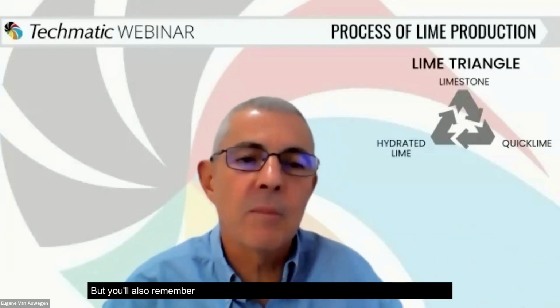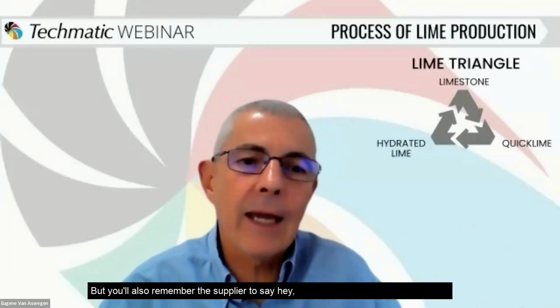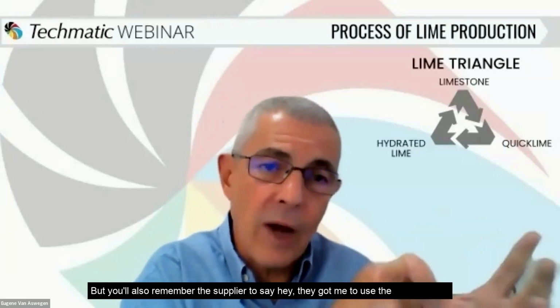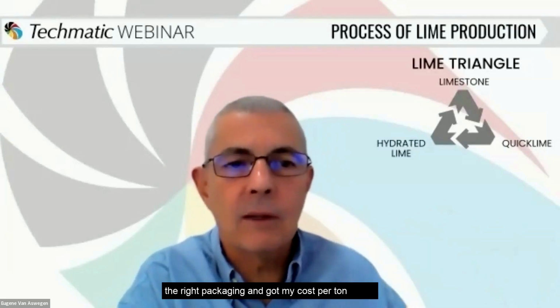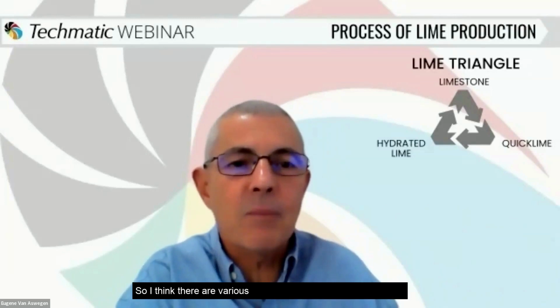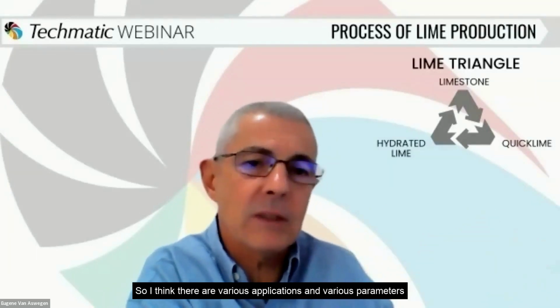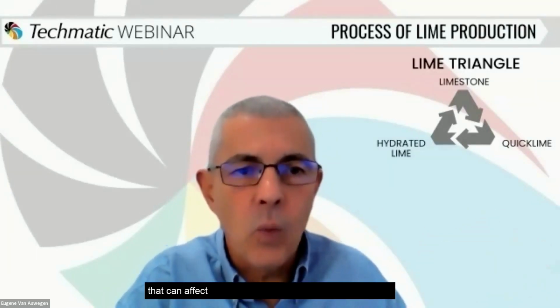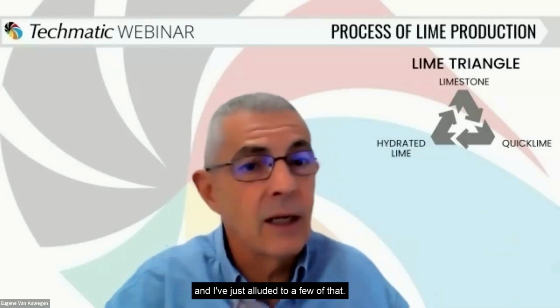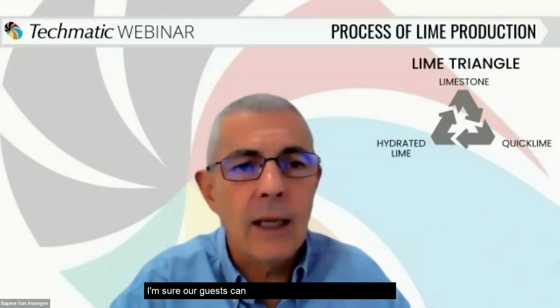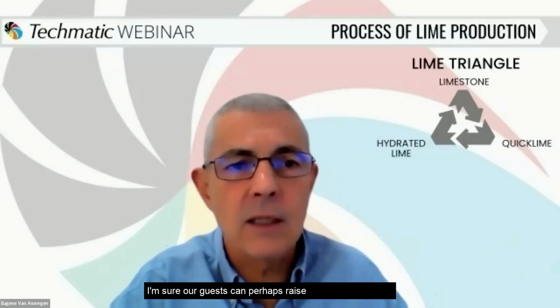But you'll also remember the supplier to say, hey, they got me to use the right product, the right packaging, and got my cost per ton down. So I think there are various applications and various parameters that can affect the input cost of lime. And I've just alluded to a few of that. I'm sure our guests can perhaps raise another few as well.